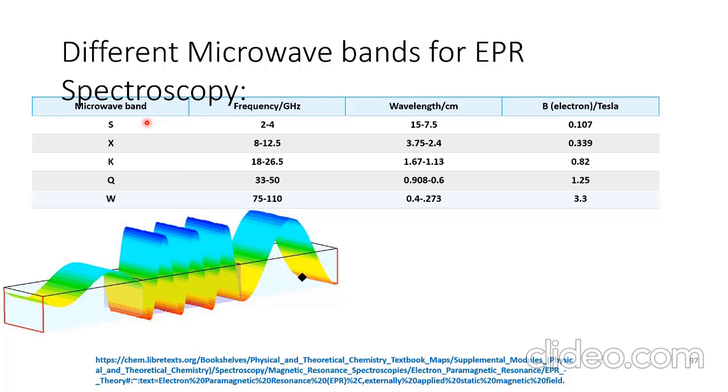Similarly, the microwave is also divided into different bands, each showing particular wavelengths, and depending upon our requirement, we select the band and do the analysis.